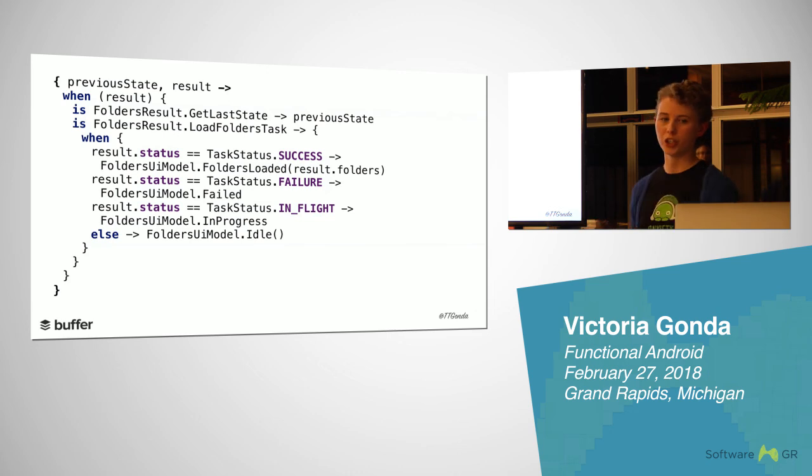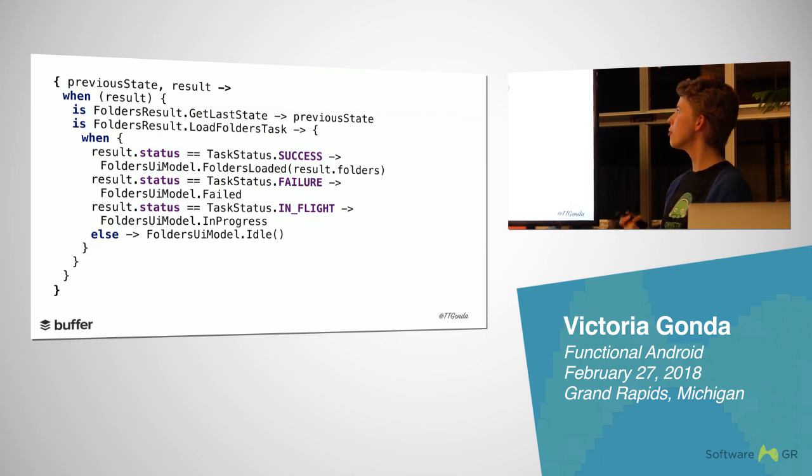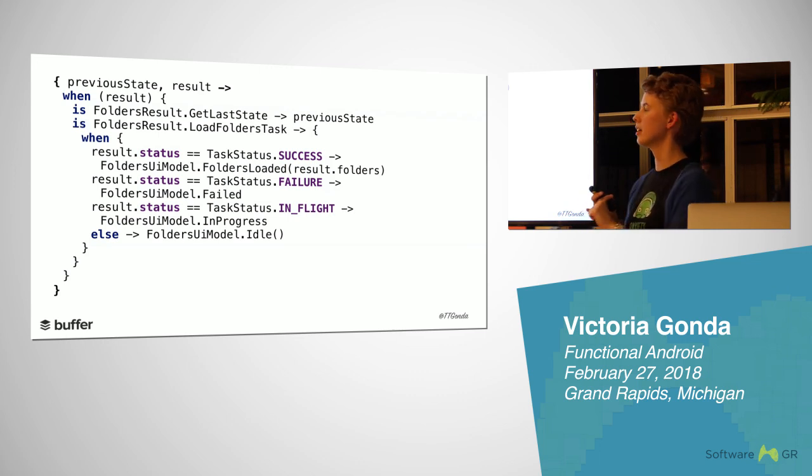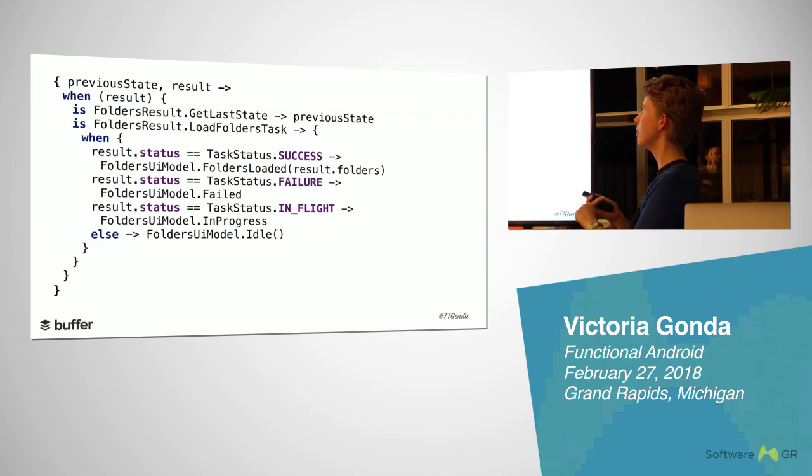This is a pure function. It always gives us the same output given an input. So every time we get a load folders task with a status of success, we're going to get a folders UI model, folders loaded, and they're both going to have the same immutable list of folders with them.